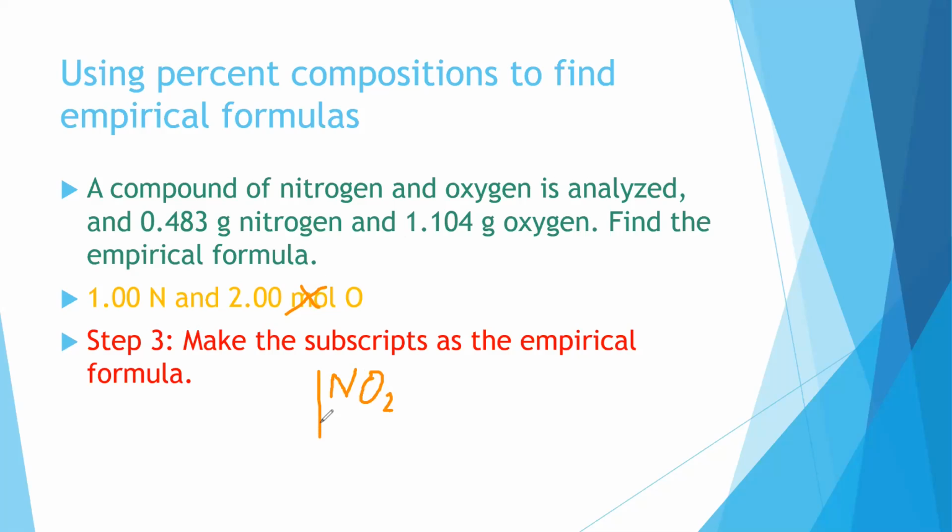So the empirical formula is NO2. That's all we do. It's 3 simple steps. The first is changing grams to moles. The second is dividing by the least number of moles. And the third is using those numbers as our subscripts. That should be fairly not too bad, I hope.